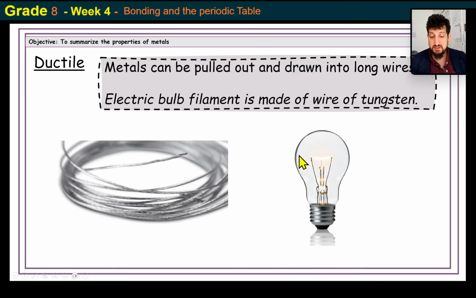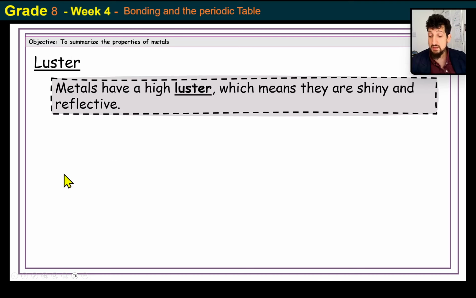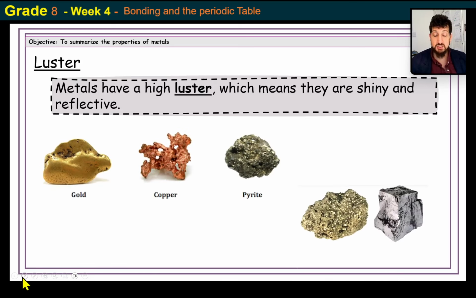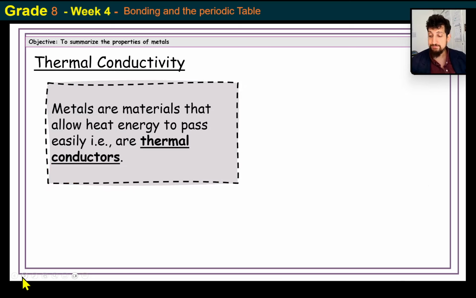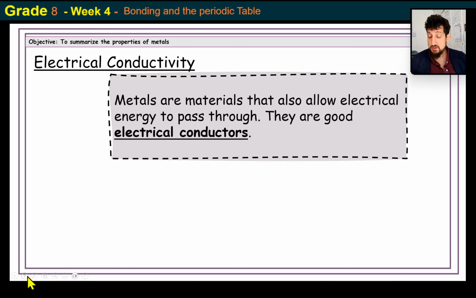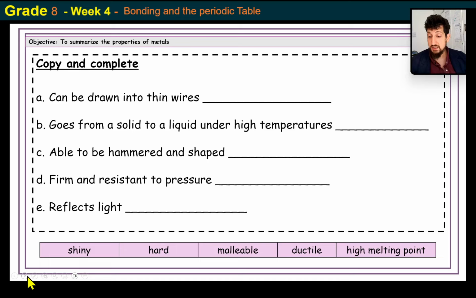Of course, this tungsten wire over here, the one inside the bulb, that's made of metal. Luster, they have shine, shiny, shiny. There's a whole industry. Jewelry is all built around metals being shiny. Thermal conductivity, they conduct heat, which is why we're able to cook. And of course, they also conduct electricity.